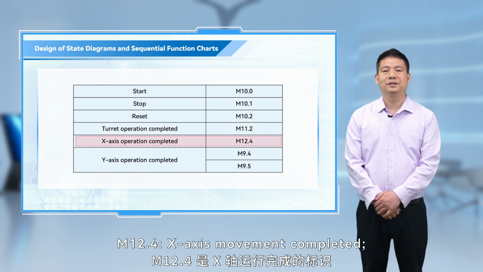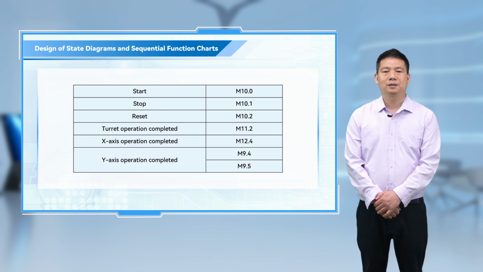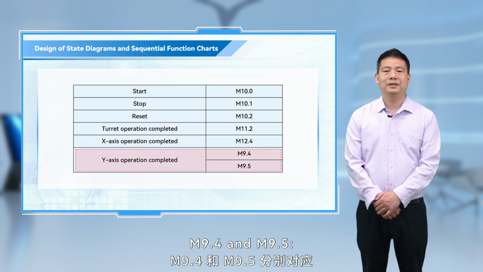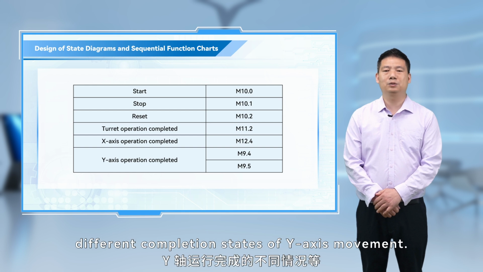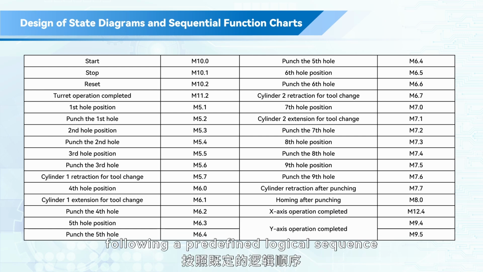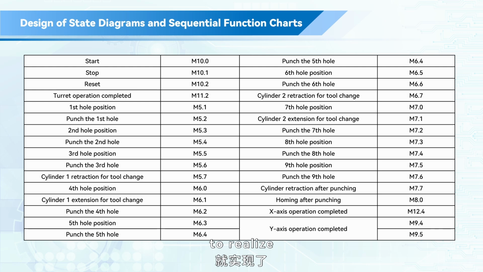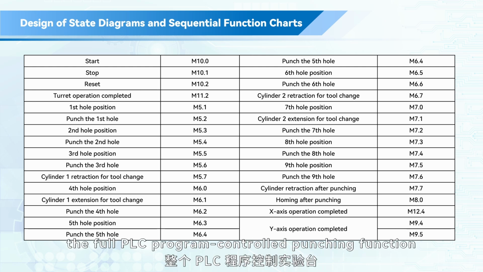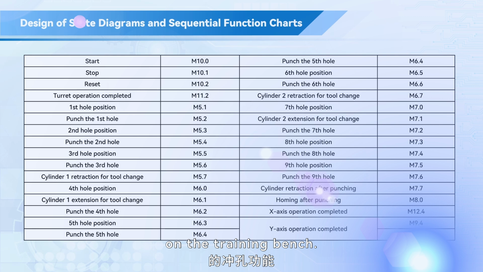M12.4, X-axis movement completed. M9.4 and M9.5, different completion states of Y-axis movement. These bit memory units work together, following a predefined logical sequence step by step, to realize the full PLC program-controlled punching function on the training bench.